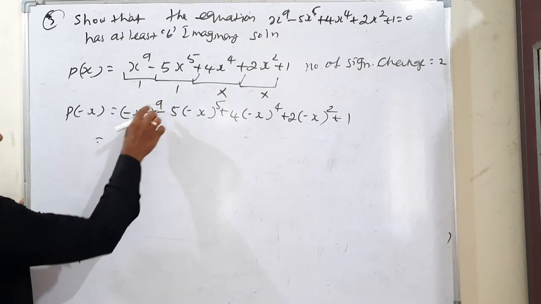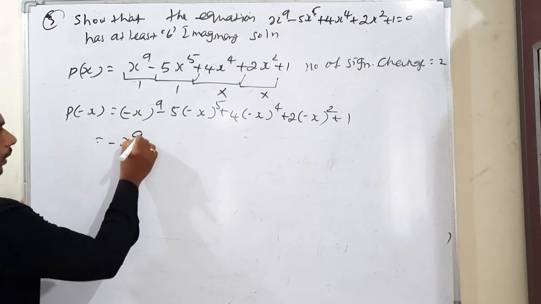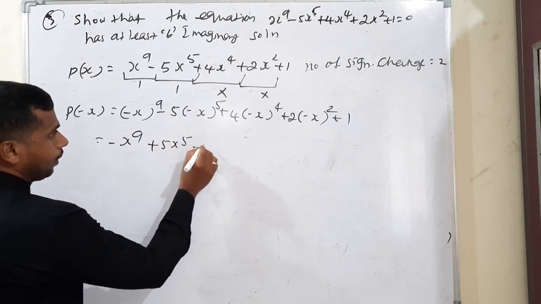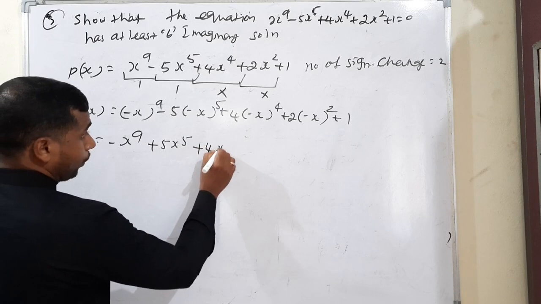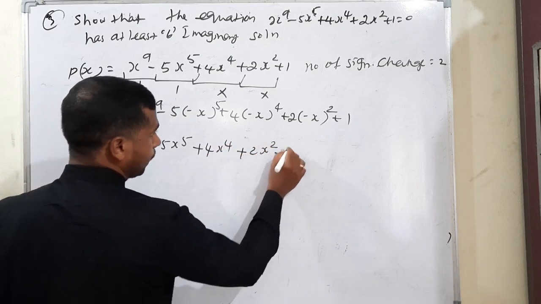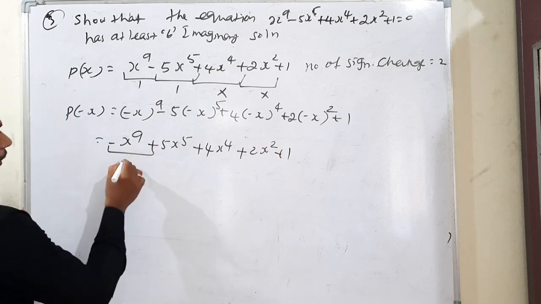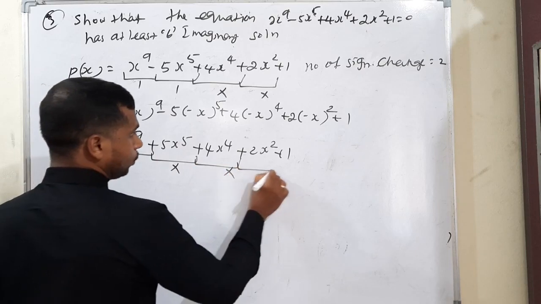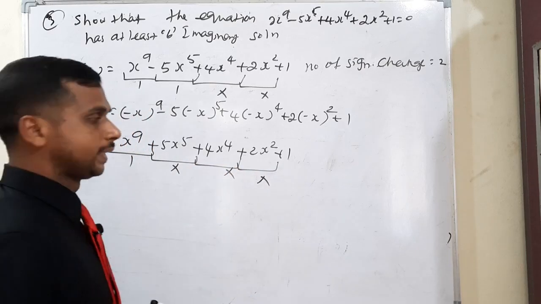Odd power means the negative sign stays as it is. So negative x to the power 9 plus 5x to the power 5 plus 4x to the power 4 plus 2x square plus 1. Number of sign changes: minus 2 plus, 1 sign change; plus 2 plus, no sign change; plus 2 plus, no sign change.